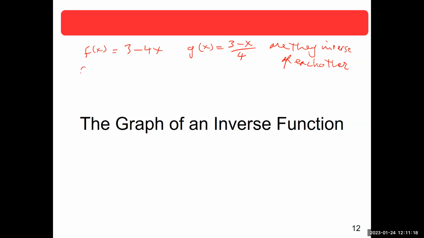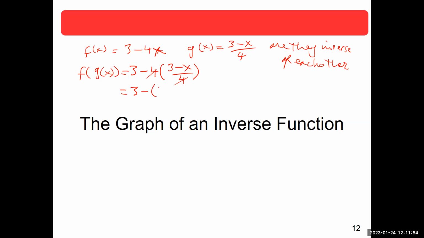Well, all we have to do is the composition. f composition g(x) equals 3 minus 4 times, and this x will be replaced by the entire g(x), 3 minus x over 4. Let's simplify it. We have 4 here and 4 at the bottom; they cancel each other.